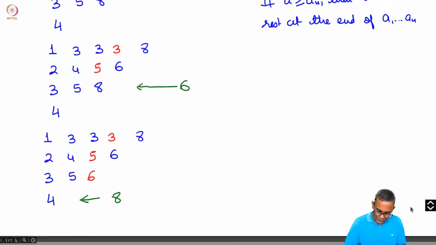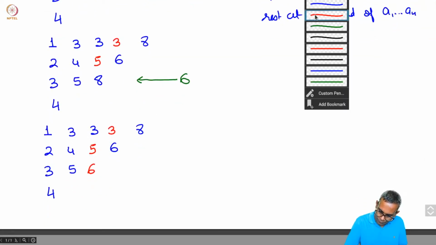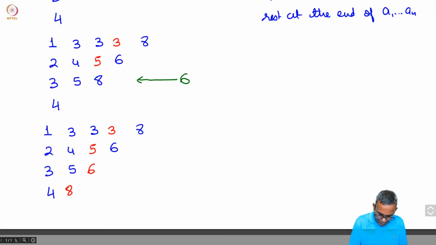So this 8 comes to rest here, and nothing is bumped out. If something were bumped out of here, then it would come to rest in the next row, which would be a new row that would be started. But here there's nothing, and so the 8 just comes to rest at the end of the 4th row.